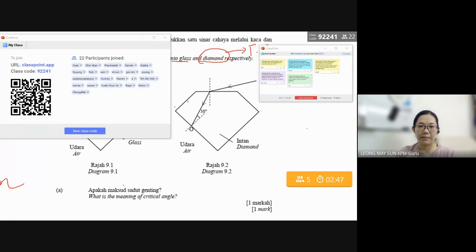Alright, who is Messi? Chong Wei, you got 2 accounts. For the rest of you who want to enter the class point, it is on the right-hand side top corner. The code is up there, 92241.